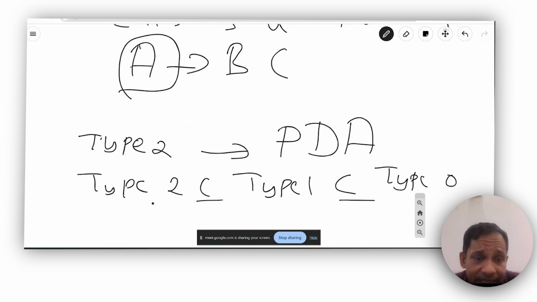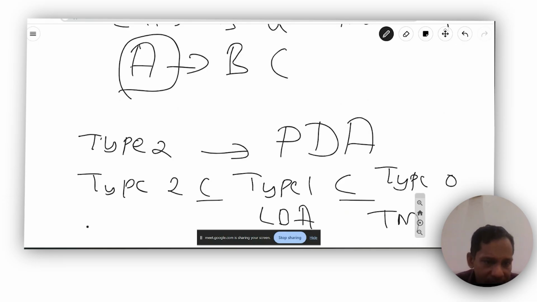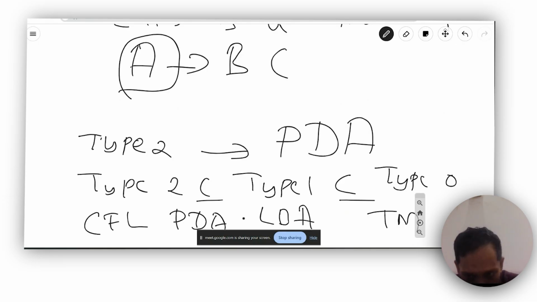So whatever is accepted by pushdown automata is accepted by linear bounded automata and Turing machine. So context-free language is accepted by PDA, LBA, and TM, because type 2 is a subset of type 1, and type 1 is a subset of type 0. So that pattern is followed.